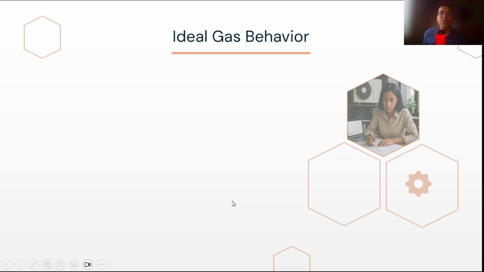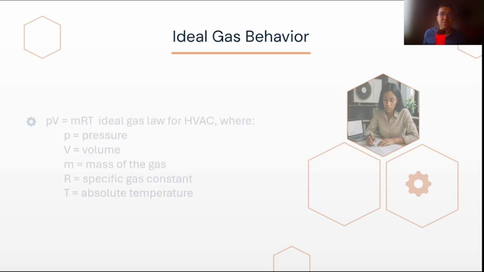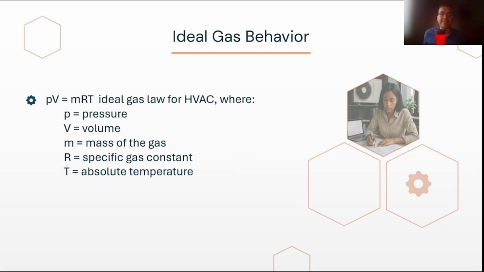Both dry air and water vapor can be treated as ideal gases in HVAC calculations. That means that we can use the ideal gas law, here represented as PV = MRT for mass-based calculations.